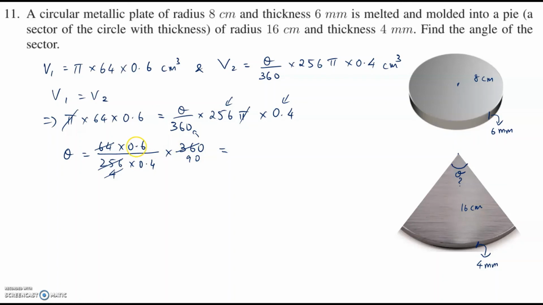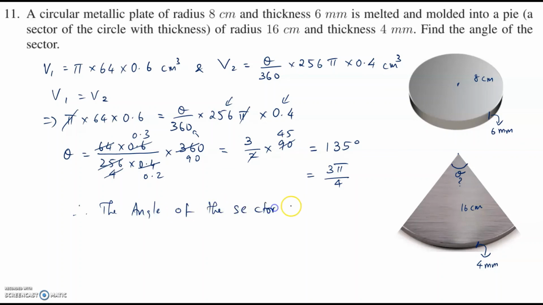Then 0.6 by 0.4 is 3 by 2, into 90, so this is 45, so your answer is 135 degrees, which is equal to 3 pi by 4 in radians. Therefore the angle of the sector is equal to 3 pi by 4.